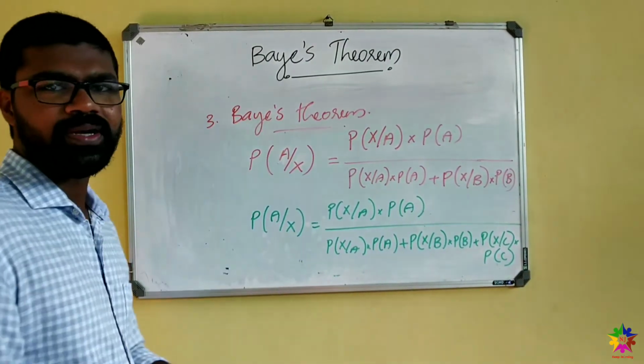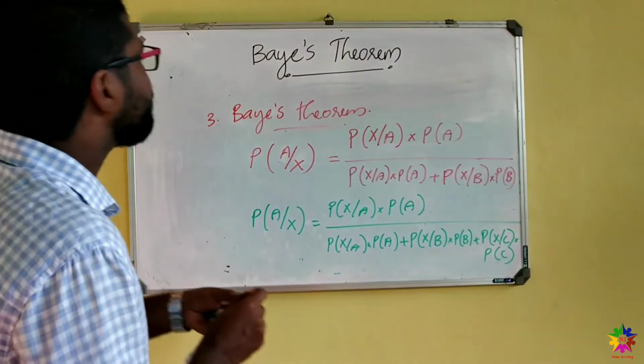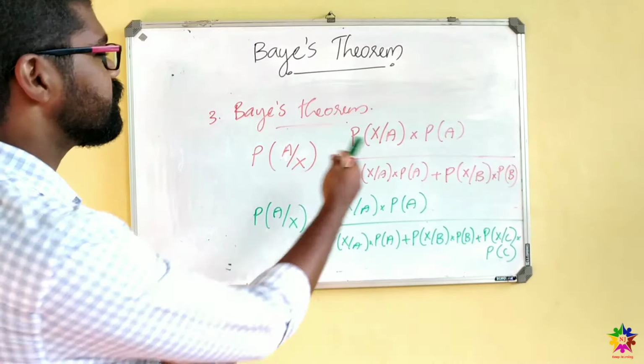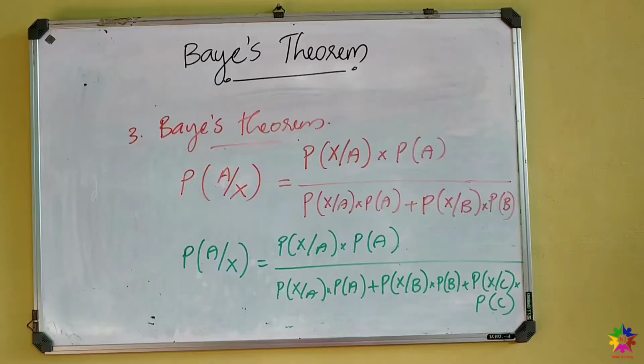So this is our equation for Bayes' theorem. You may find it difficult when you see this equation, but it is very simple. Let's see the next sample.